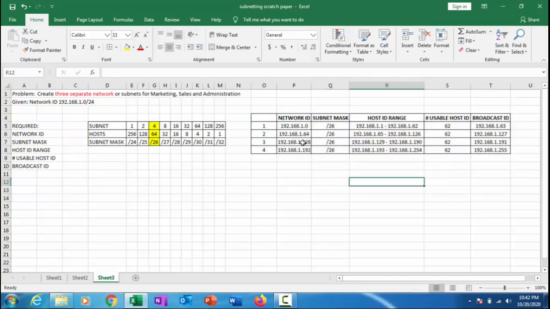So this is for the first network: the network ID, subnet mask, host range, usable host ID, and broadcast ID, and so on and so forth. Okay, so this is the correct answer for this problem, and we'd like to acknowledge and give credits to Mr. Sunny for coming up with this very, very easy to understand technique, using the Sunny table.